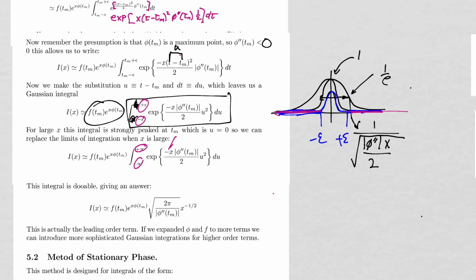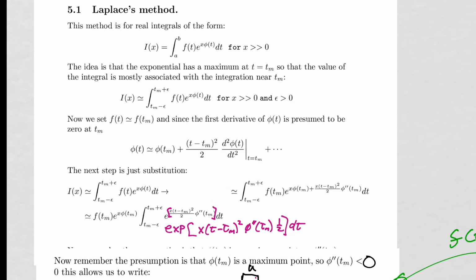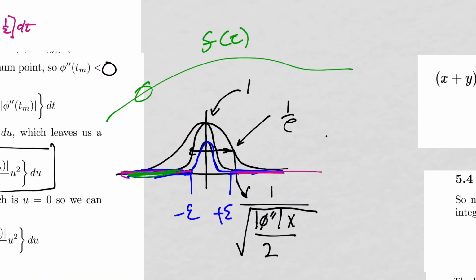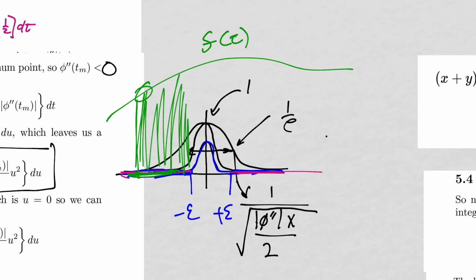Remember, you're multiplying by another function, f, right? So there's another function out there, f of t. What I'm worried about is contributions of this number multiplied by that number. The integral is f of t times this exponential. If I'm worried about that product, out here that product is totally zero, and it becomes something non-zero really right in here, and then out here it becomes zero again.